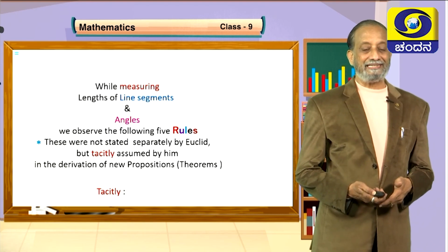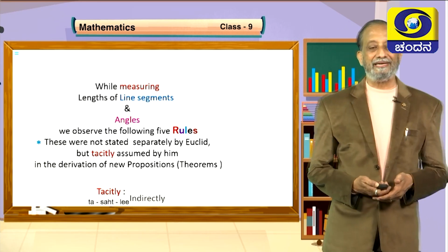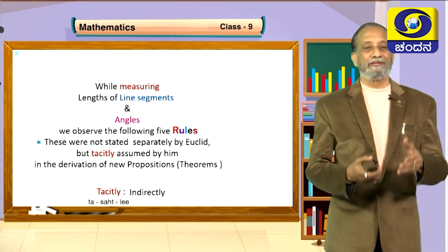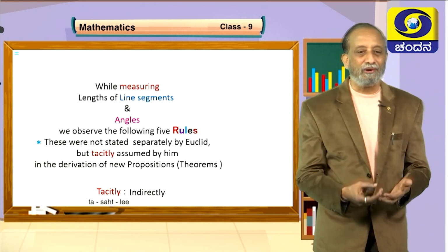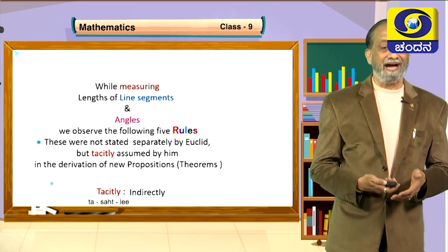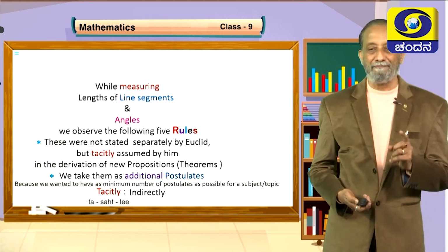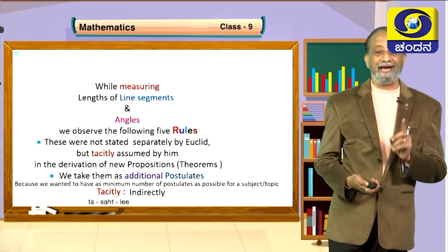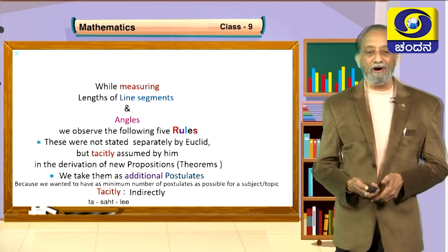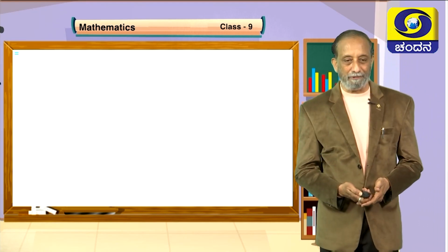Tacitly means indirectly. So Euclid has indirectly assumed the rules and regulations we follow in measuring the lengths and the angles, and these we take as additional postulates because we wanted to have as minimum number of postulates as possible for a subject or for a topic. So rules are nothing but additional postulates.